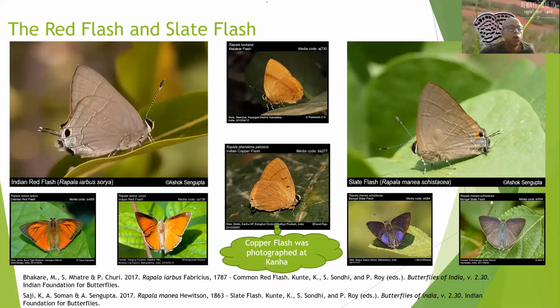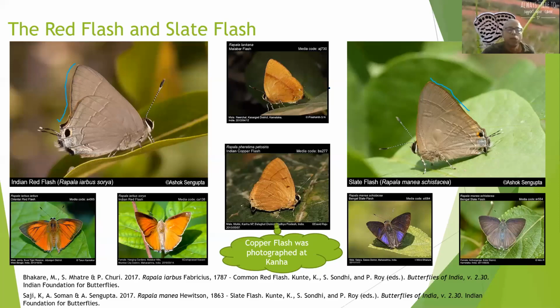If I mark the cilia in front of you, here you see in the red flash, the cilia is red. Always the cilia is red. The cilia in the slate flash is not red, and that makes the slate flash different from a red flash. Otherwise, both of them look almost the same.